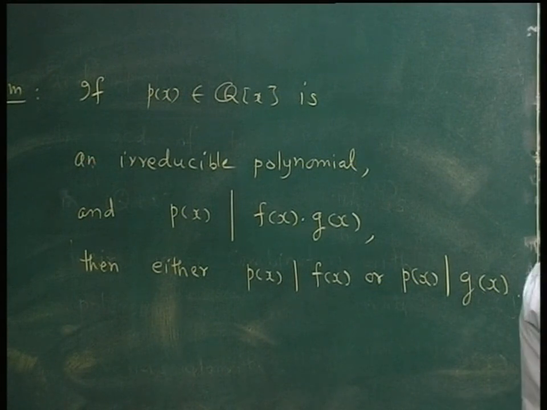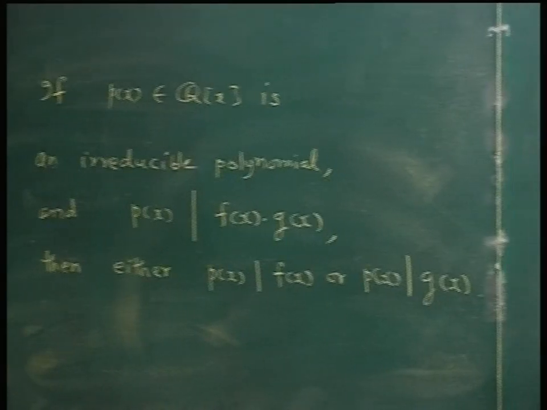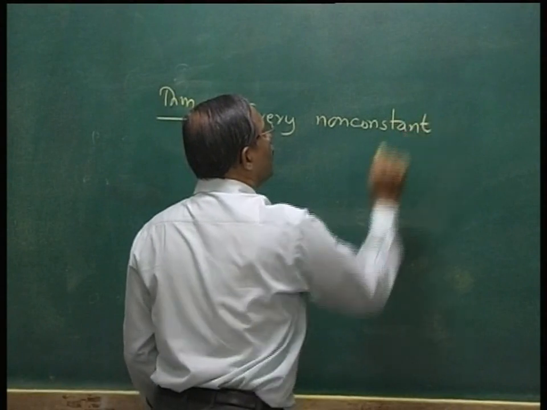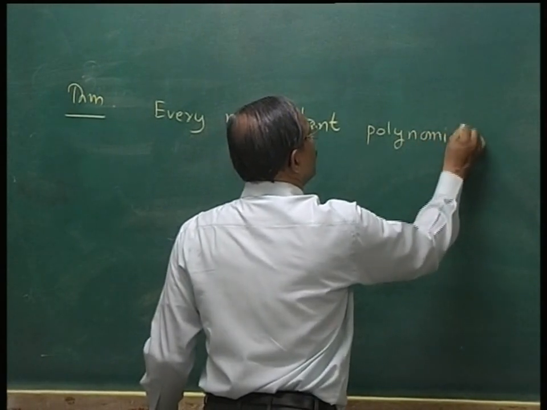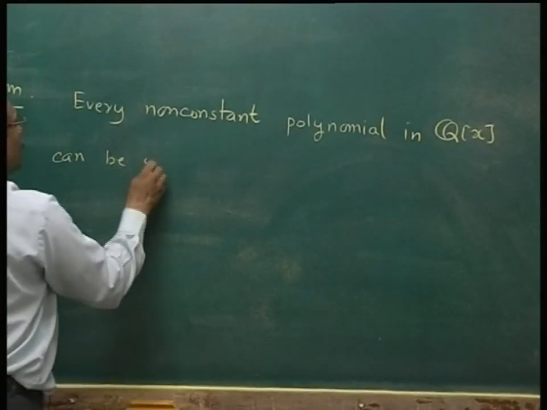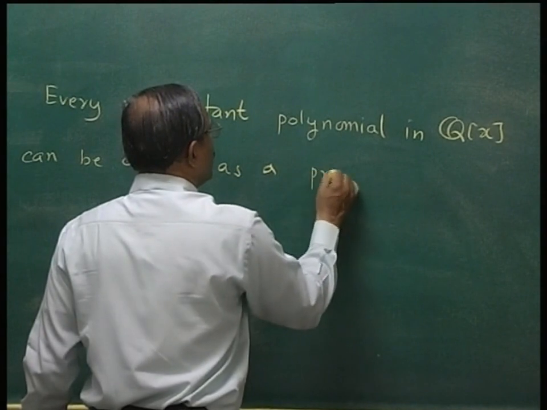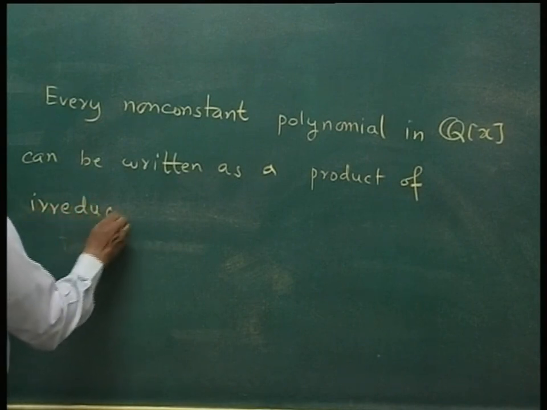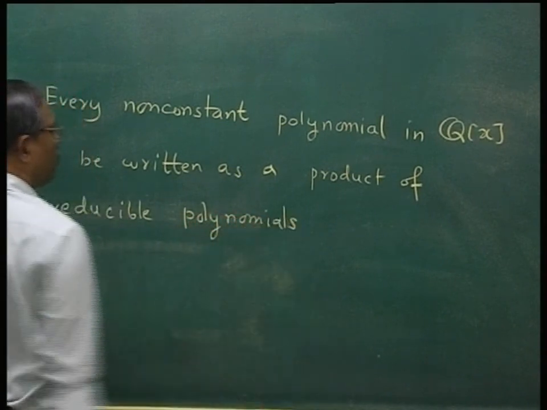We also have that every non-constant polynomial in Q[x] can be written as a product of irreducible polynomials.